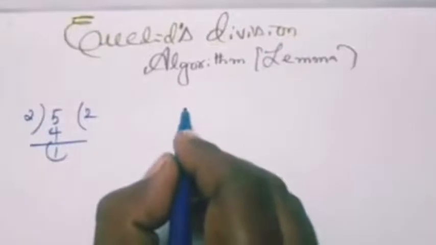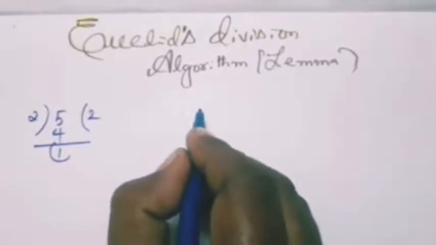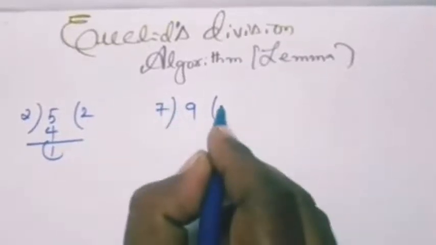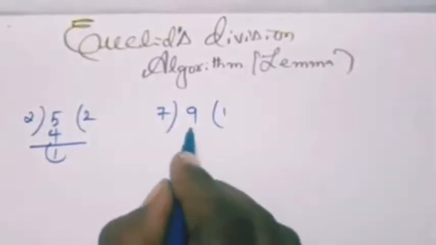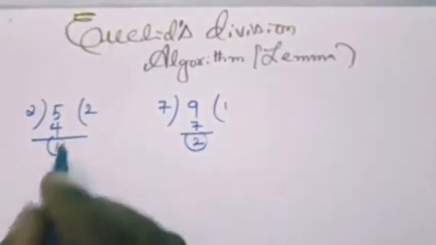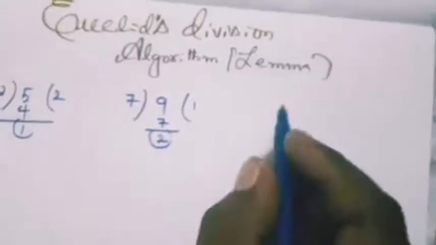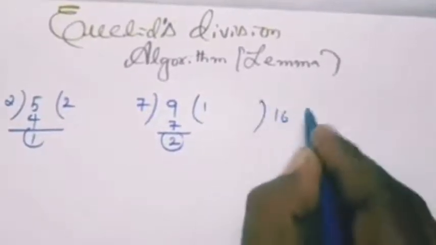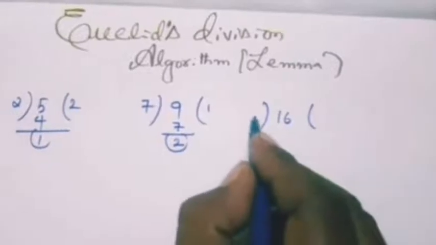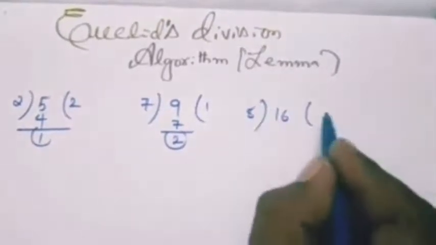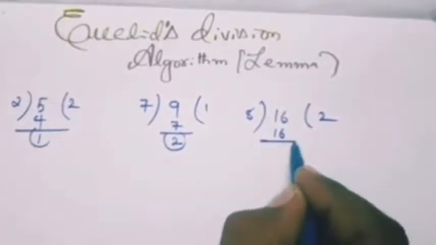Let me take 9, which is divided by 7, 7 ones are 7, remainder is 2. And 16 I am taking, 16 divided by 4, 4 fours are 16, remainder is 0.